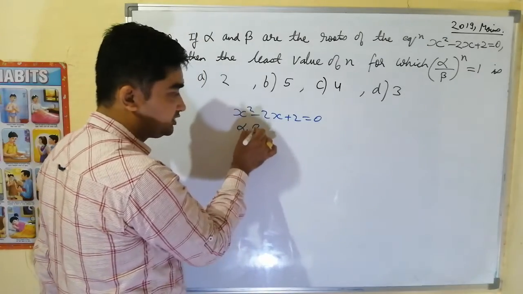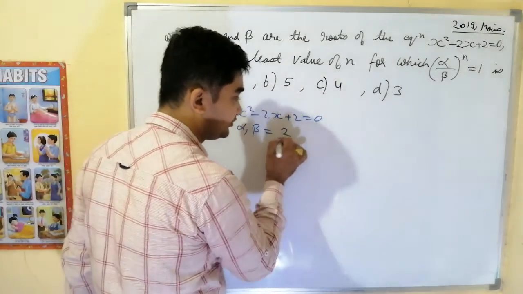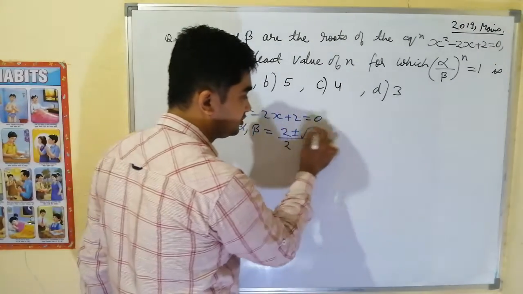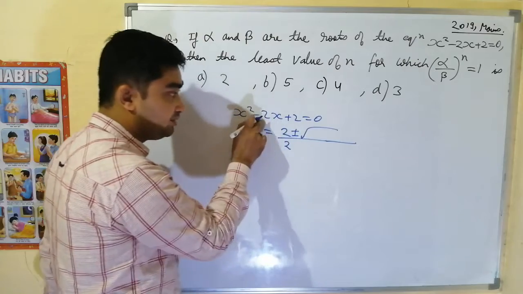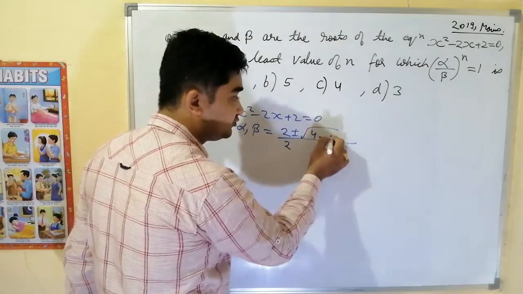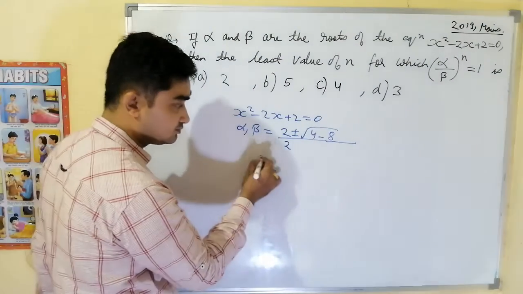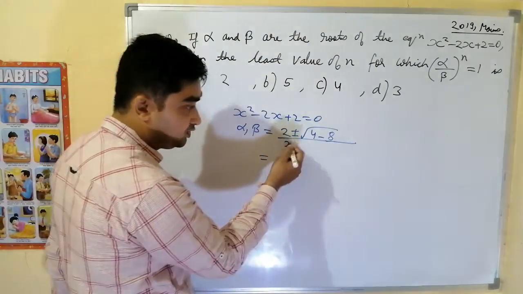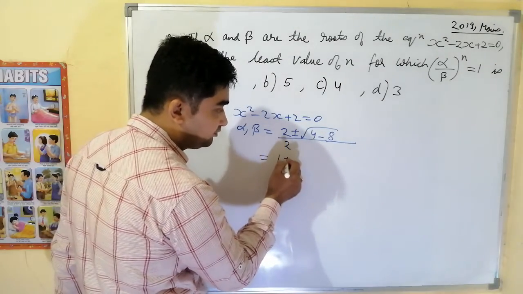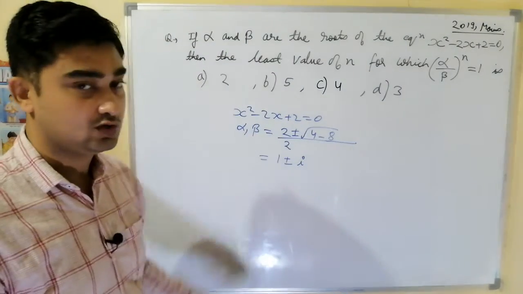The roots of this equation can be found as minus b, which is 2, divided by twice of a, plus or minus under root of b square minus 4ac. What is b square? It is 4. Minus 4ac, 4 to 8, which will make it minus 4. Now we can take 2 common from numerator and denominator and we can cancel. We'll have 1 plus or minus iota because under root of minus 1 is iota.